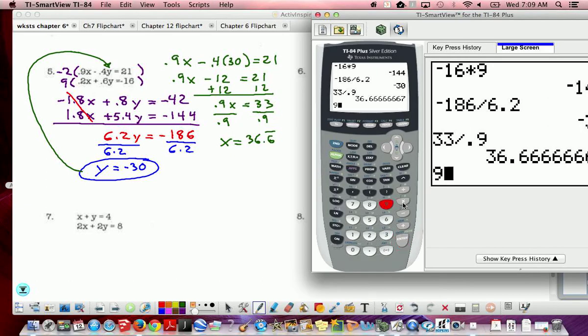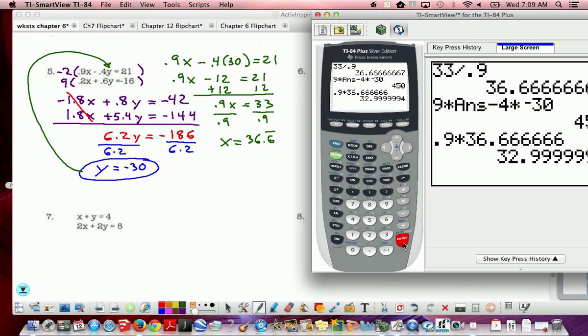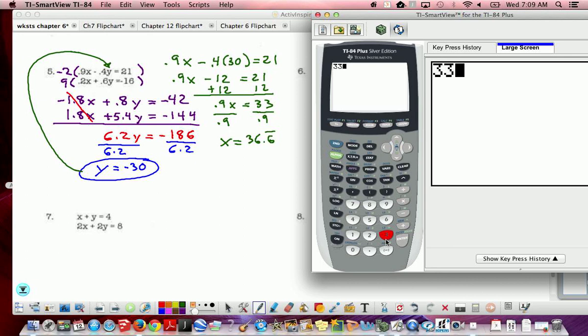So I can go 9 times my answer, since it's still in my calculator, minus 4 times negative 30, and I get, oh, it helps if I put the decimals, don't I? All right, let's try that again. 0.9 times 36.6 repeating. I'm just going to plug that in. That should be 33. So I have 33 minus, oh, I know what happened, I think.